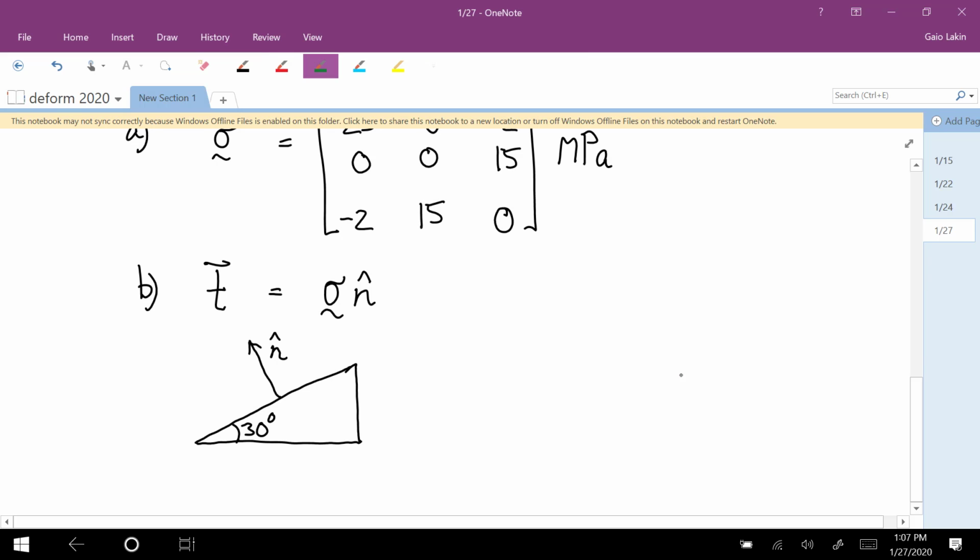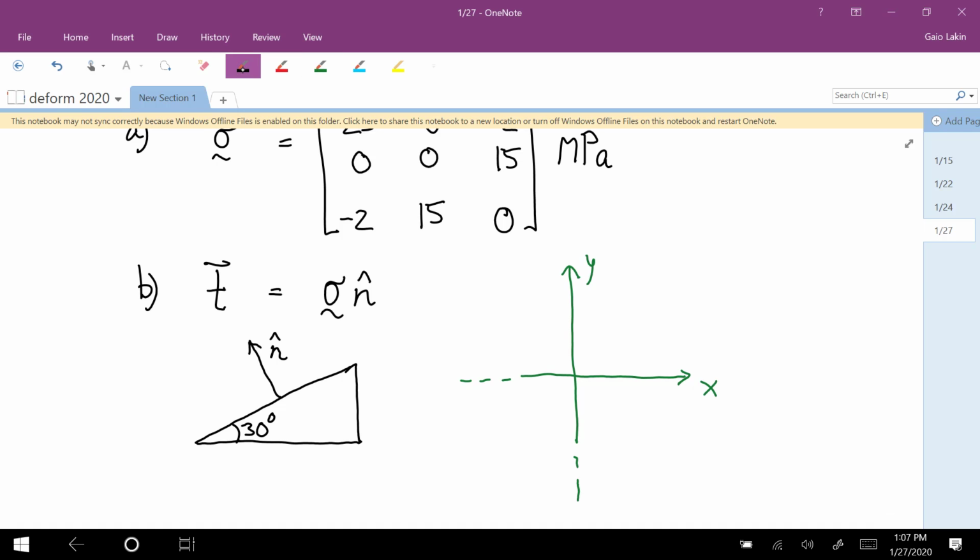And so the way I'm going to do that is draw the coordinate system. And we're given that this angle here is 30 degrees. And then we're given that that unit vector n has to be perpendicular to this. So this angle is 90 degrees.